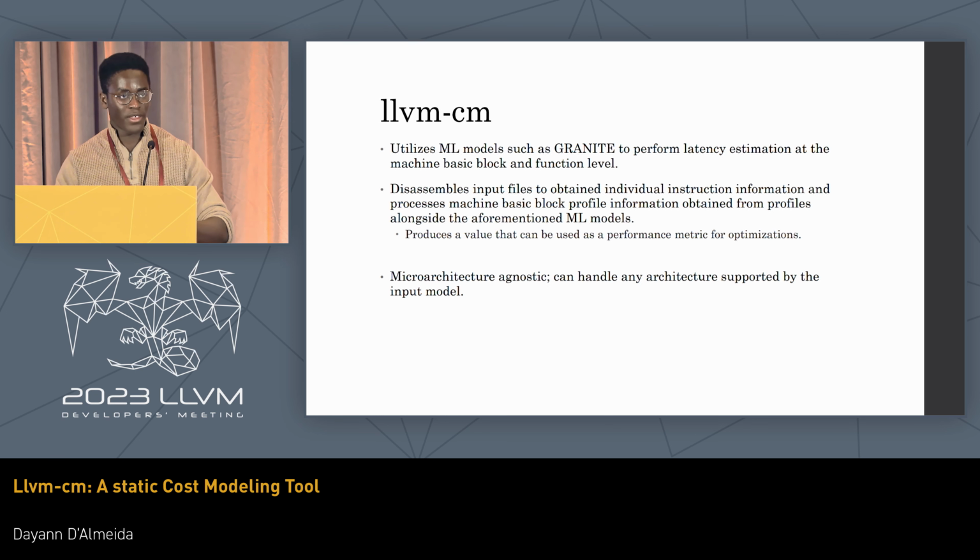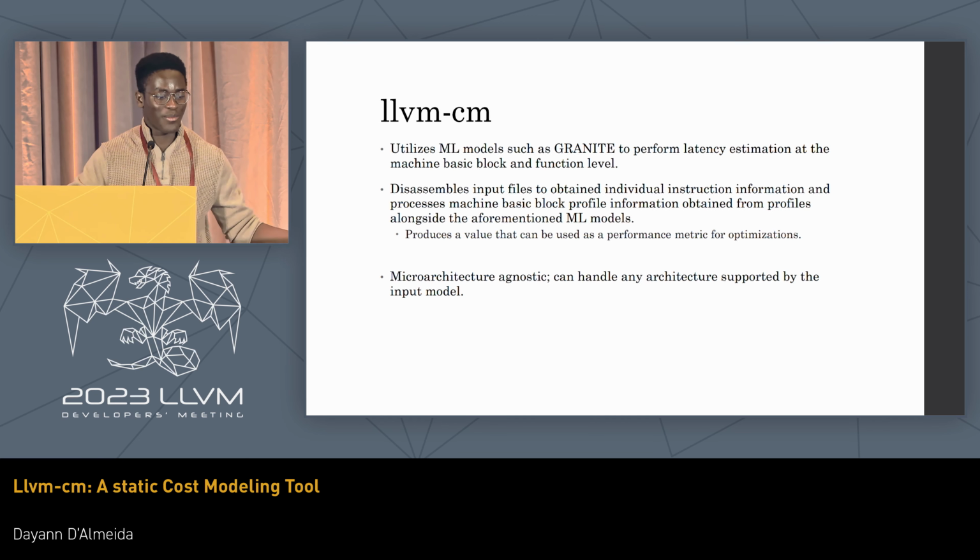It'll get some profile data, I think basic block frequency data or instruction frequency data. And then it aggregates and produces a value that can be used as a performance metric. In theory, it could be used for any microarchitecture because it just depends on what model it ingests.